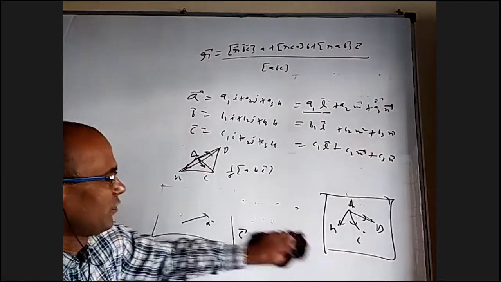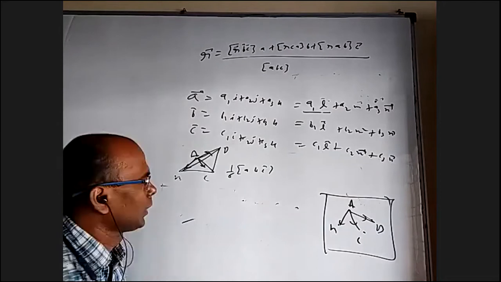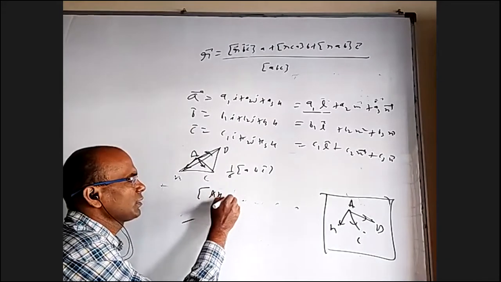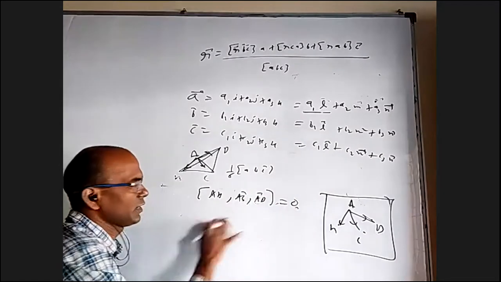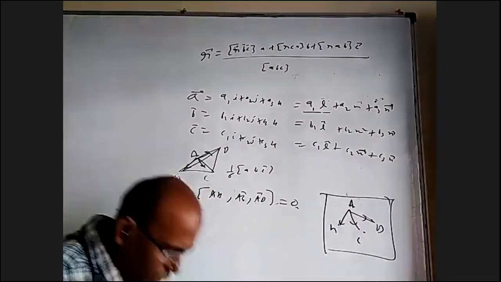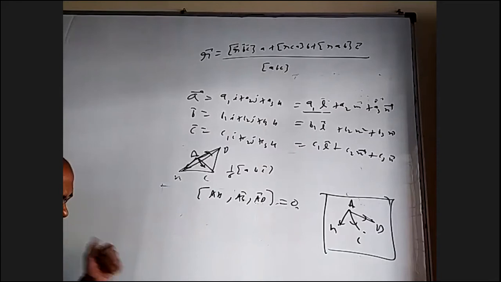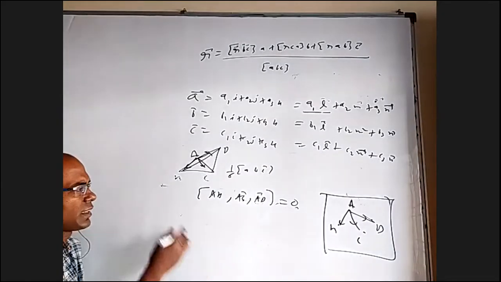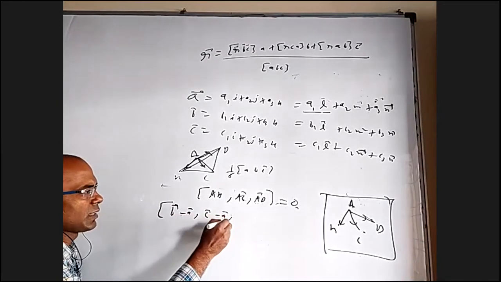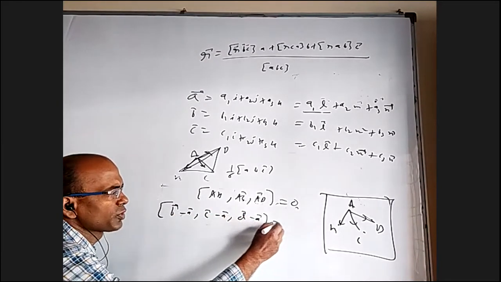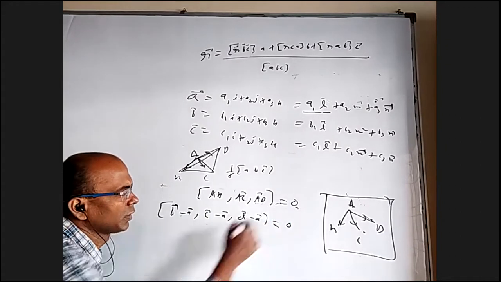So we need to check for box AB, AC, and AD. Is it 0? If it is 0, then the 4 points are coplanar. If you expand this, you'll get another condition. This you can write as B minus A, C minus A, and D minus A. The position vectors of A, B, C, D are these.